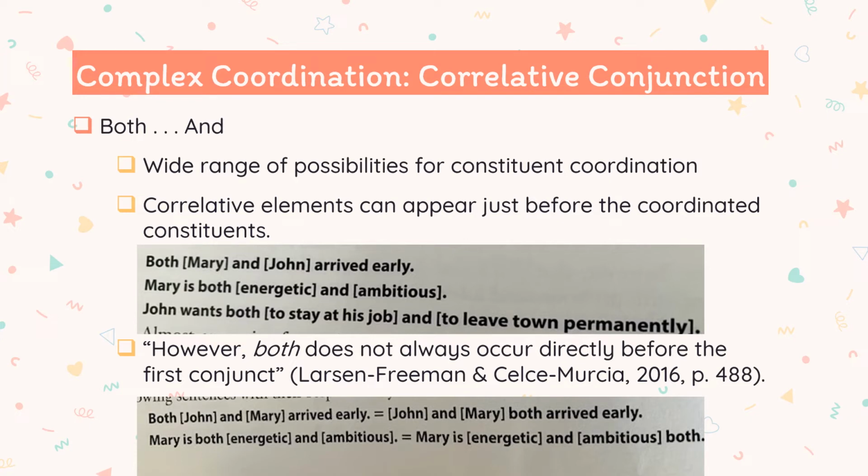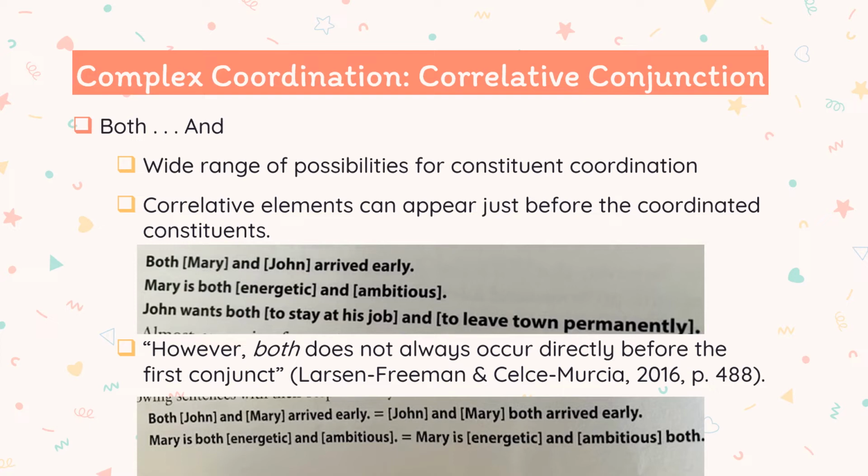However, both does not always occur directly before the first conjunct. And this we can see in the second examples here. So we have both John and Mary arrived early, and John and Mary both arrived early.